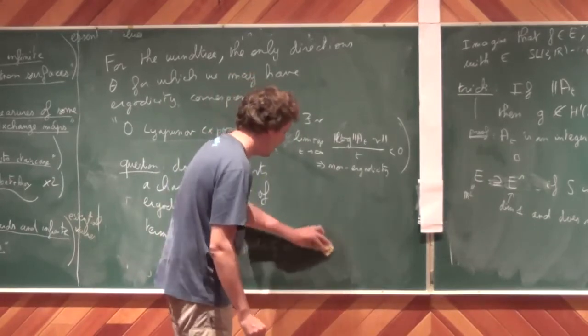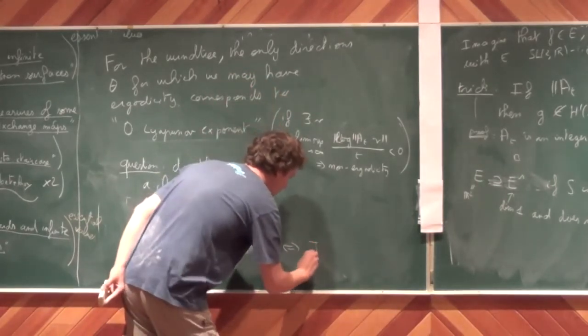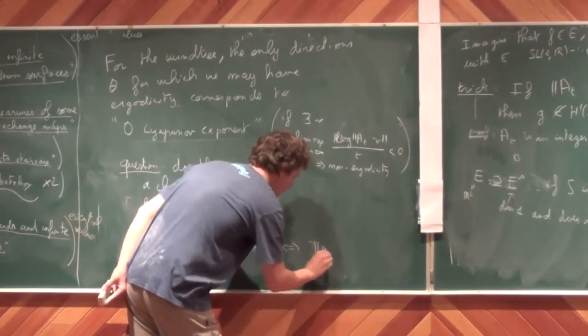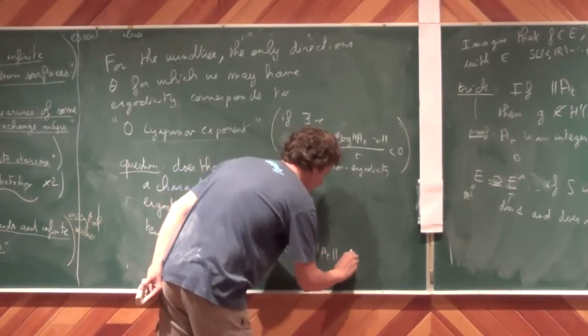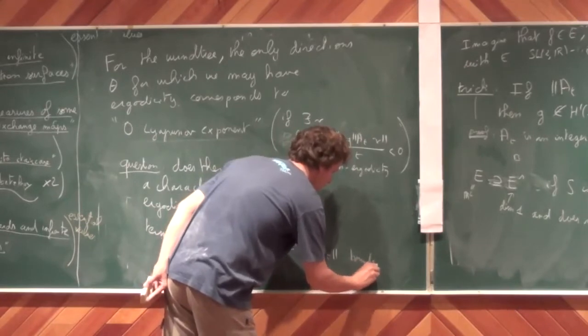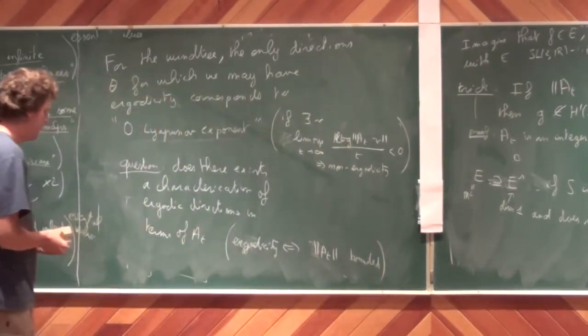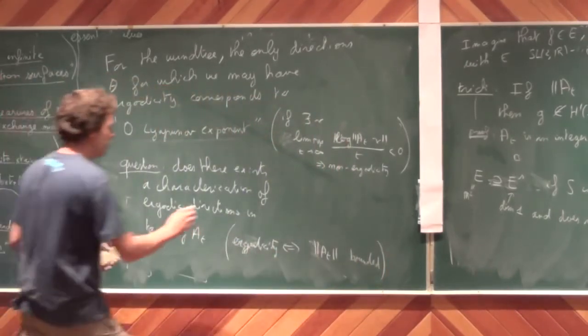No, A_t bounded. Yes, some boundedness of it. So this is the big question.